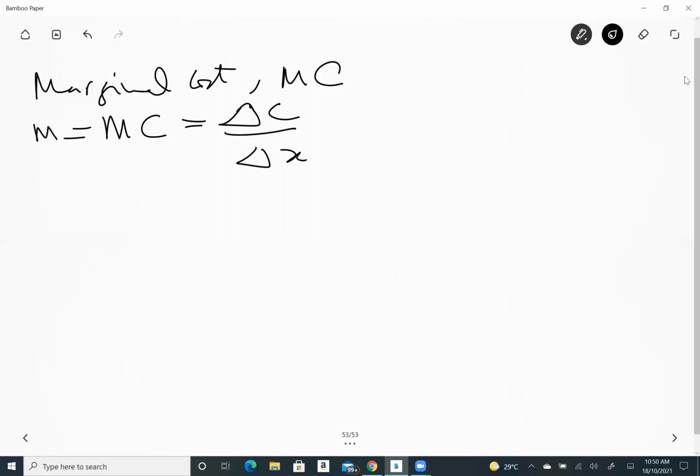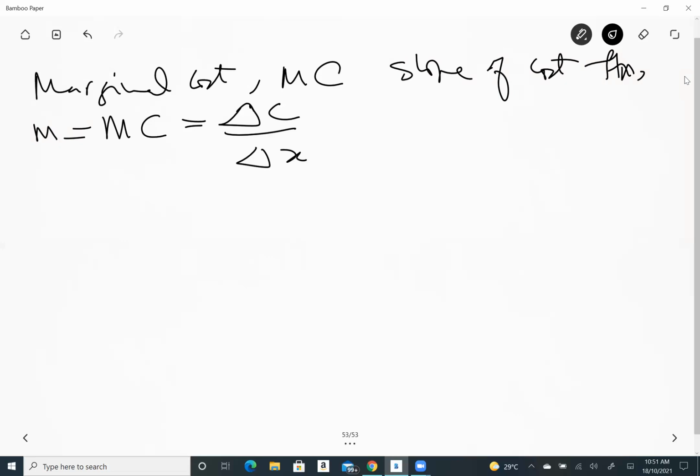M is the marginal cost, which is delta C over delta X. And that is the slope. Marginal cost, MC, is the slope of the cost function, which is M, and we call it marginal cost. And of course, by definition, it's the delta C over delta X.